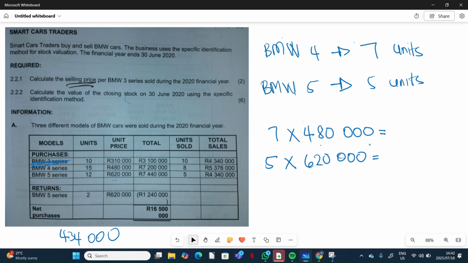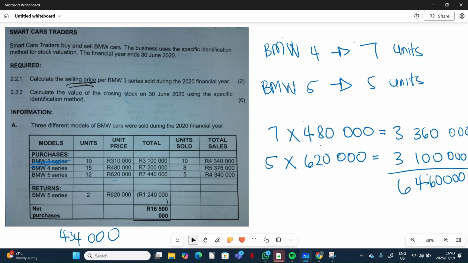So how much do you get there for the both of them? Let me just do this. So we have 7 times 480,000, and that will give us 3,360,000. Then after that, we also have 5 times 620,000, and that gives us 3,100,000, and that in total will give us 6,460,000.